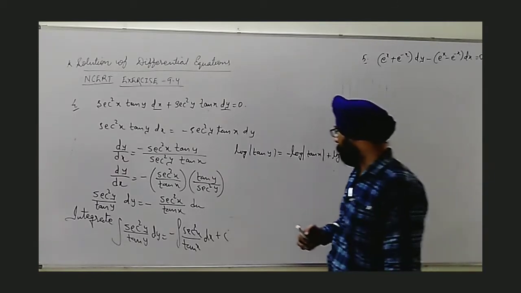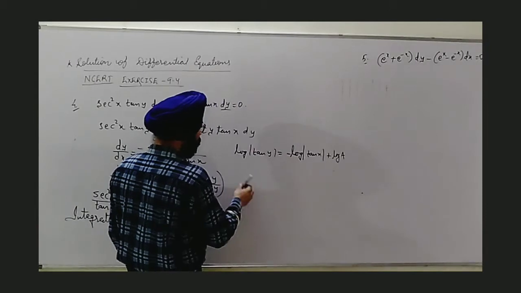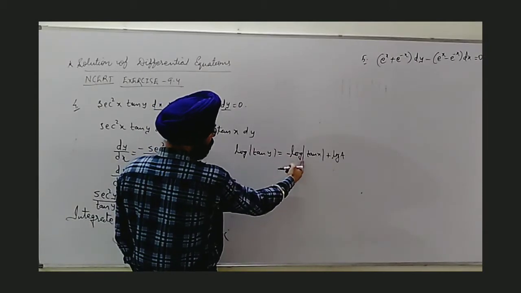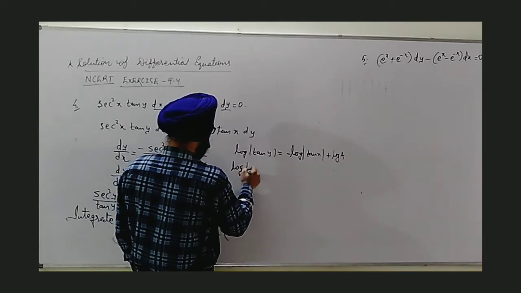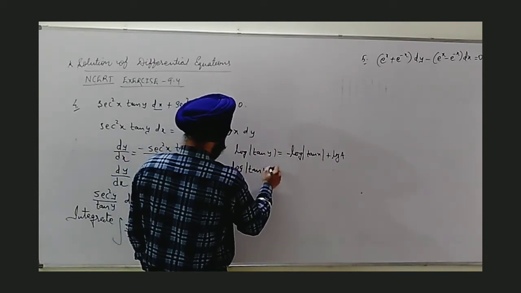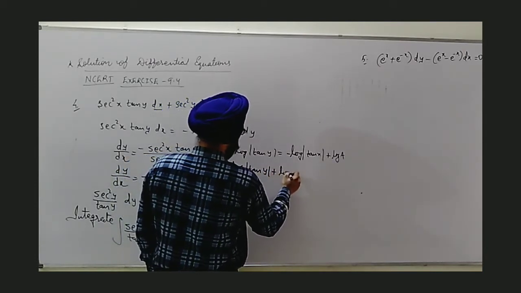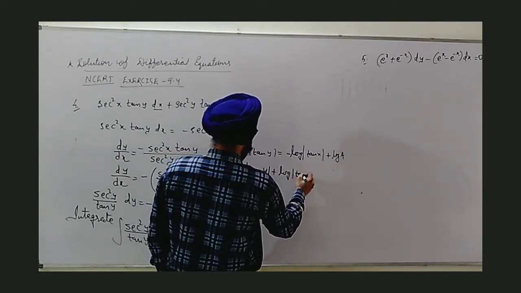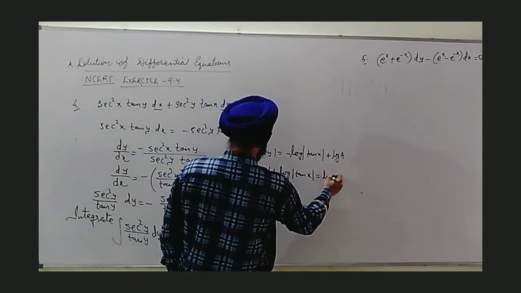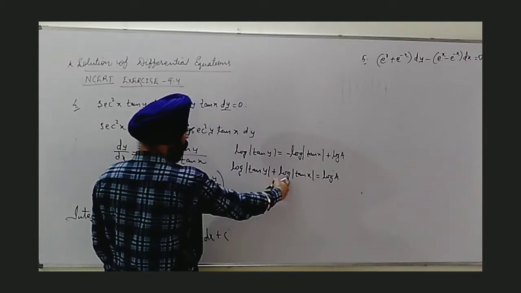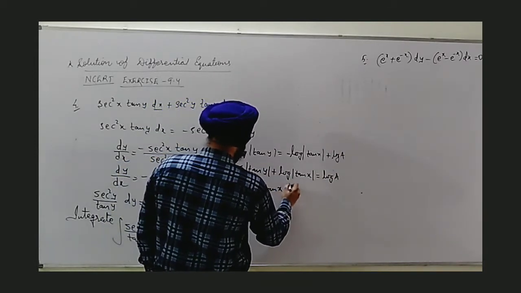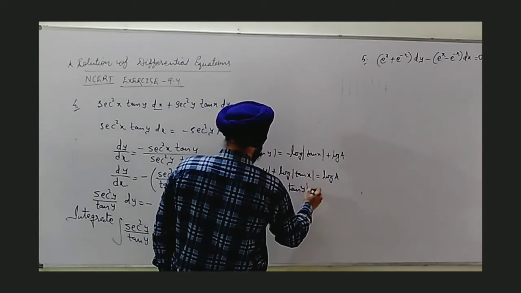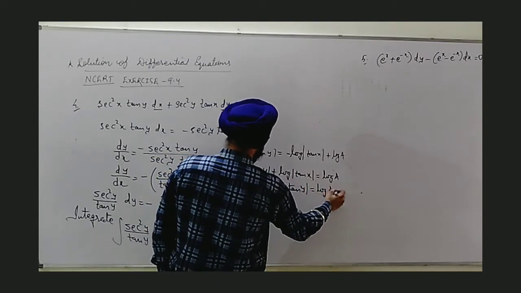You see, here we can write, if I shift this term of log as it is negative, so it becomes log of mod tan y plus log of mod tan x equal to log of a. By the properties of log, here we can say log of tan x tan y equal to log of a.